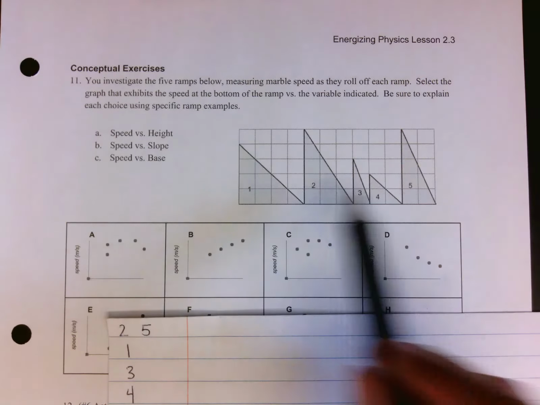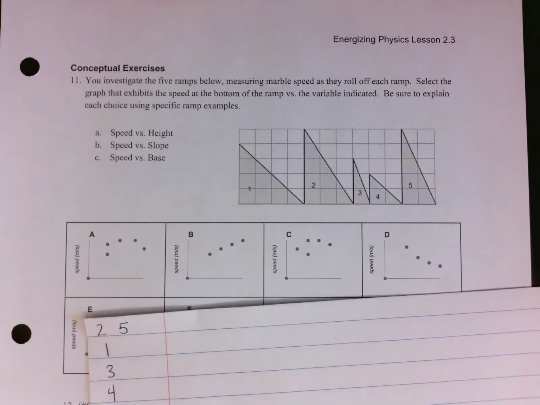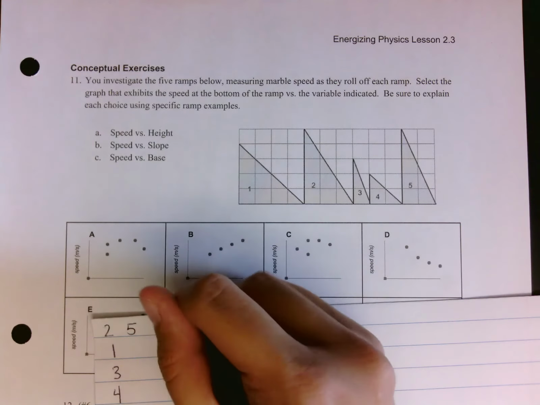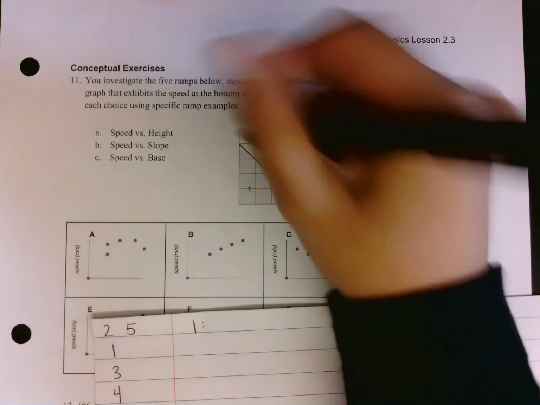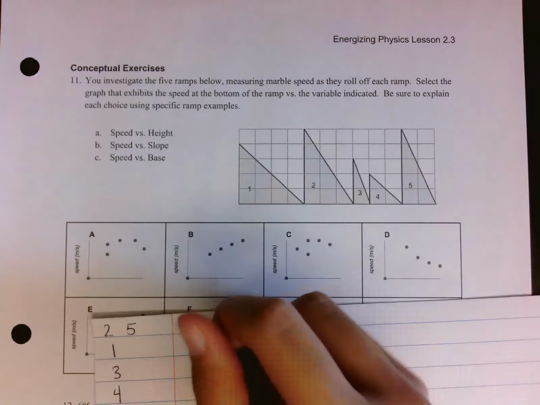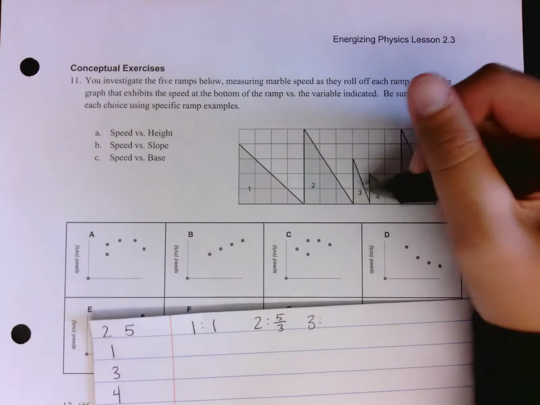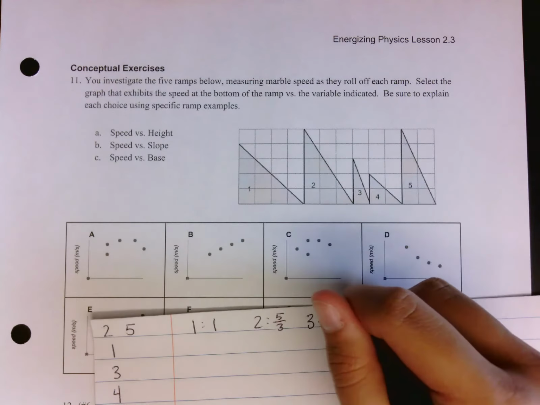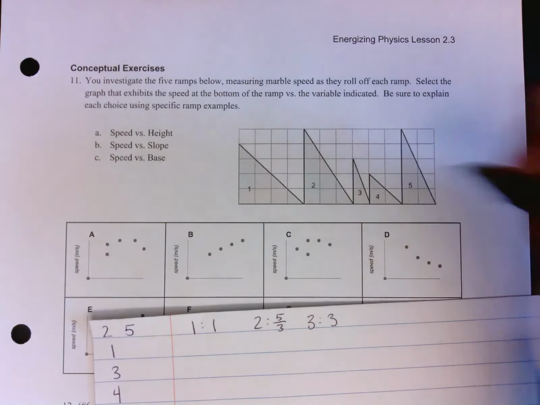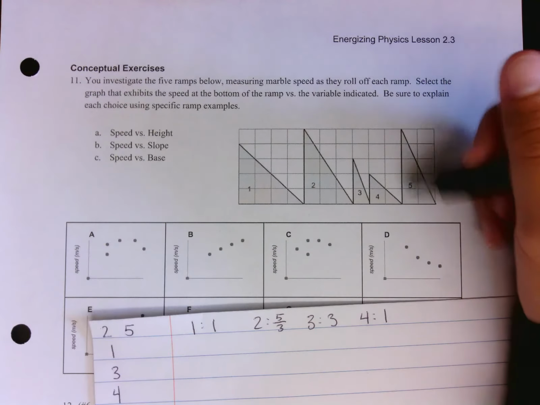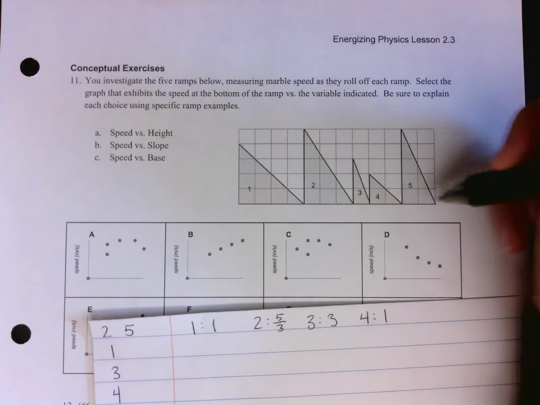And now if we rank all of these ramps by slope, we can see that 1 has a slope of 1, 2 has a slope of 5 to 3, 3 has a slope of 3 to 1, so 3. 4 has a slope of 1 as well, and 5 has a slope of 5 to 2.